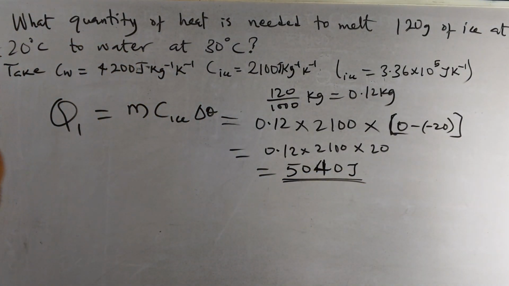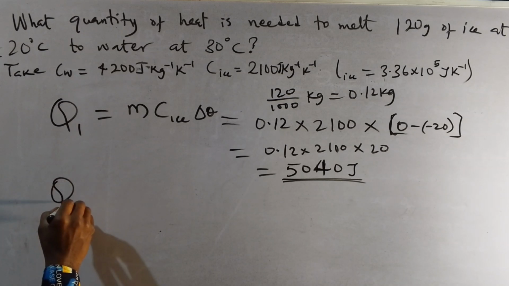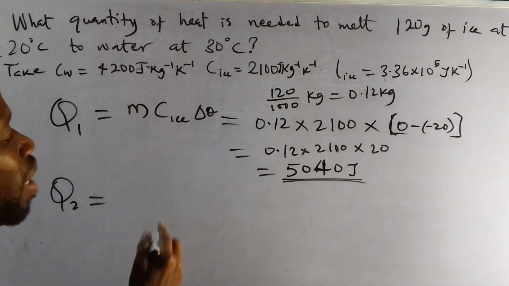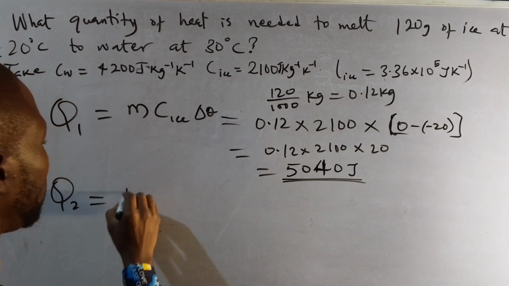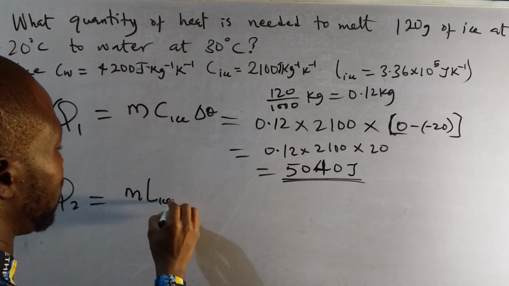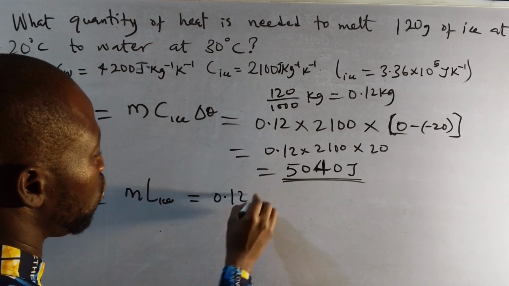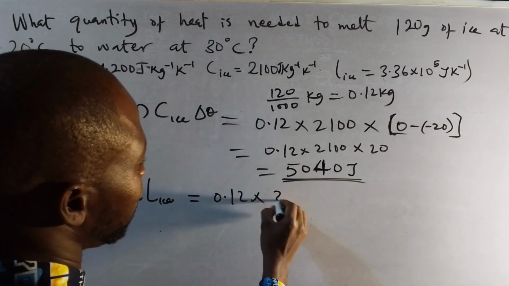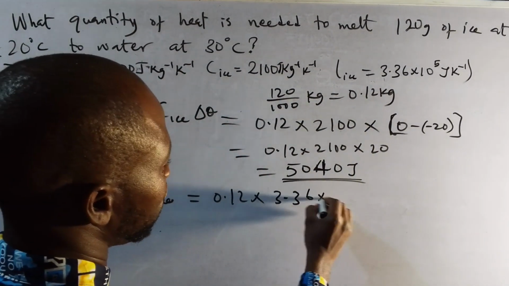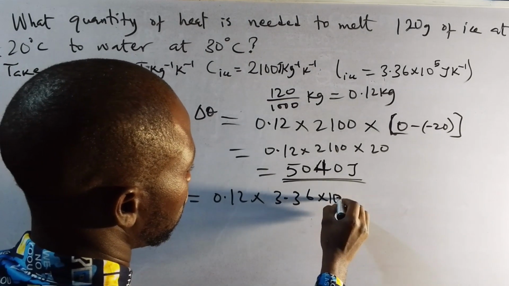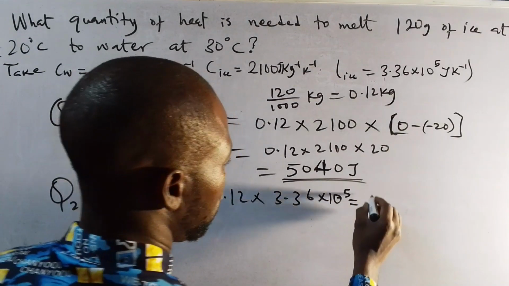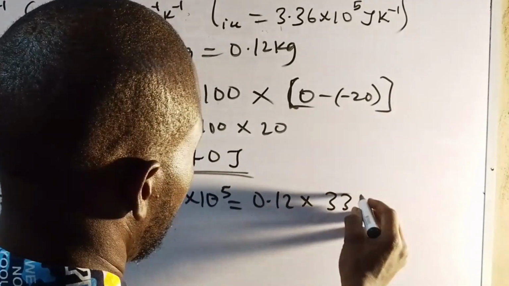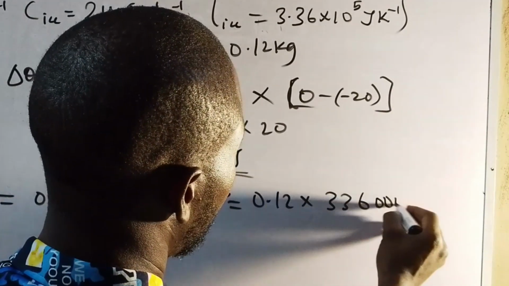So at 0 degrees Celsius, Q2 is the specific latent heat of fusion that will break the intermolecular force, which is m L of ice. That is 0.12 times latent heat of fusion of ice, which is 3.36 times 10 raised to power 5, which is 0.12 times 336000.